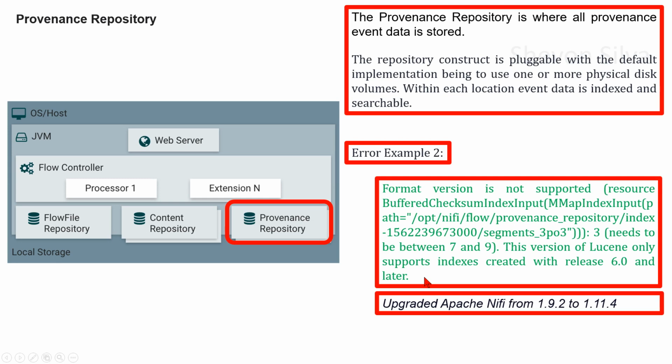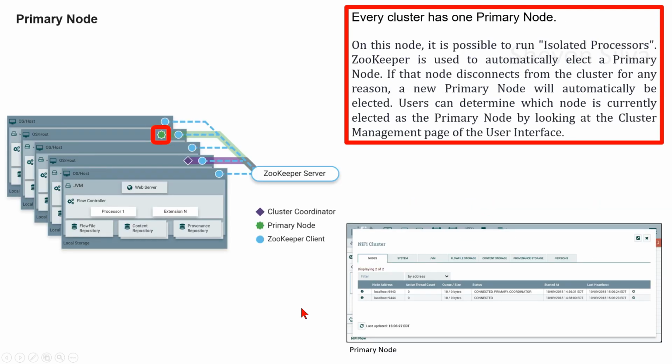This version of Lucene only supports indexes created with release 6.0 and later. This error occurred while upgrading Apache NiFi from 1.9.2 to 1.11.4.